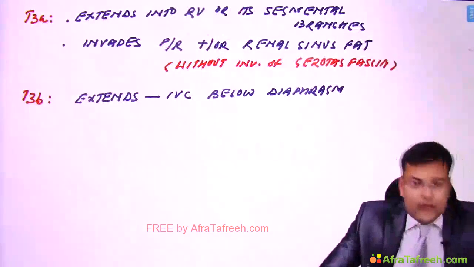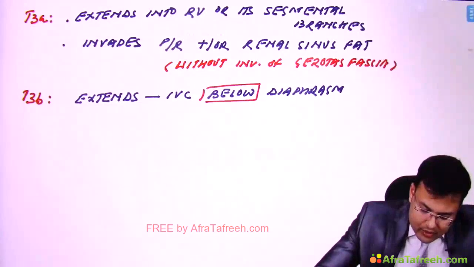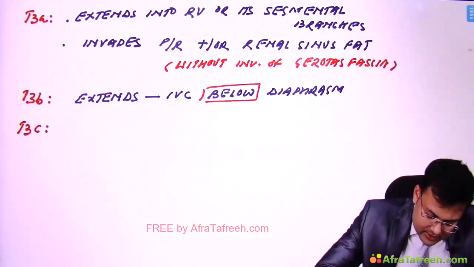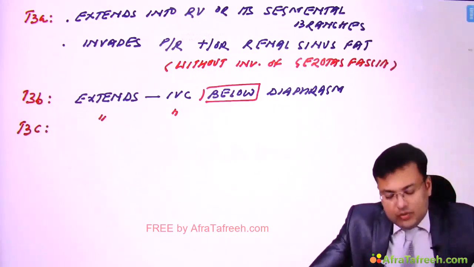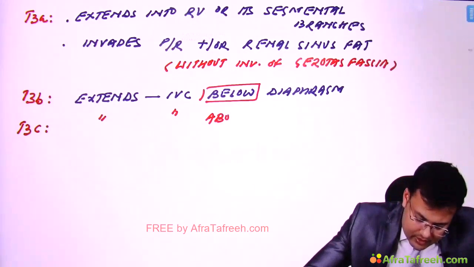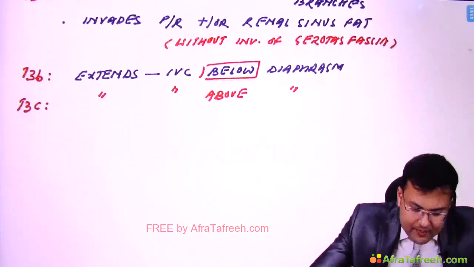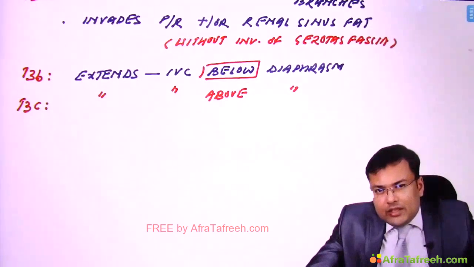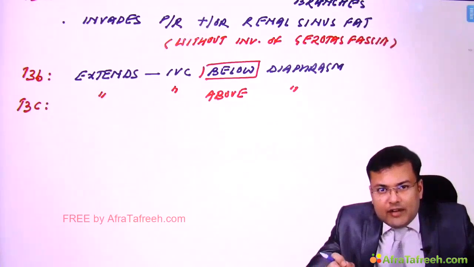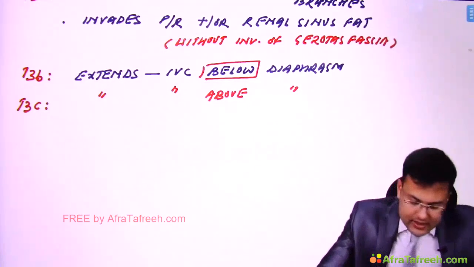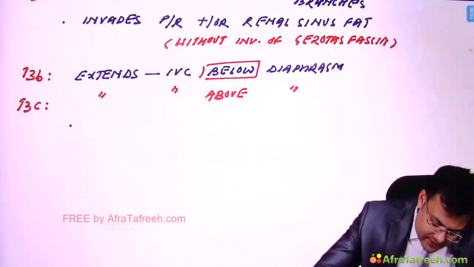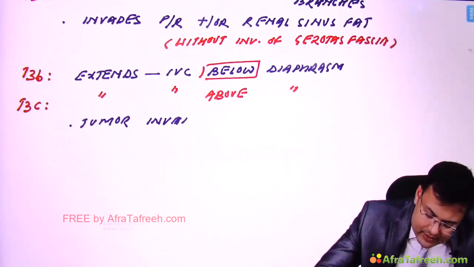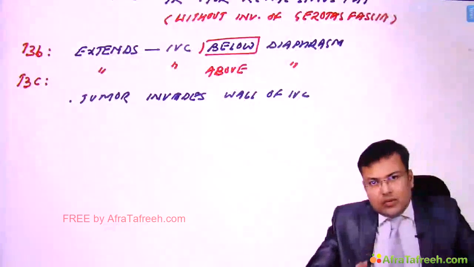Okay, and what happens here, you have to mention below. And in T3C, it extends grossly into IVC above diaphragm, or when the tumor invades the wall of IVC, that is also included in T3C.